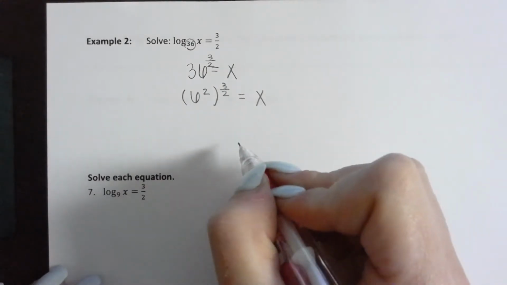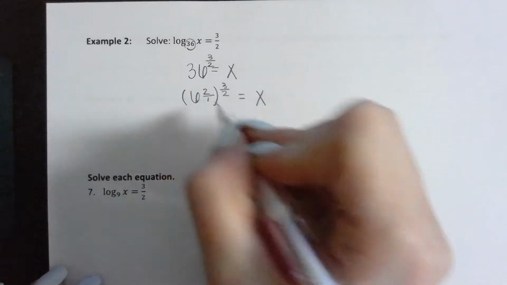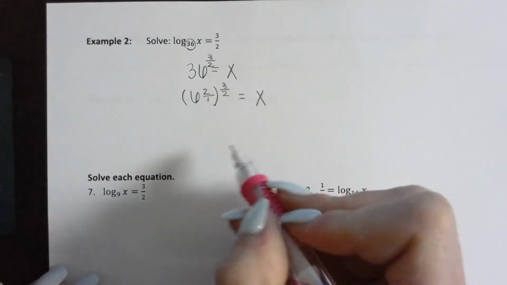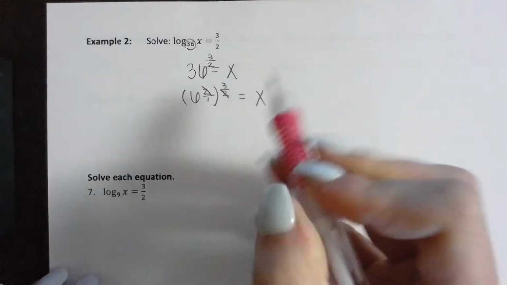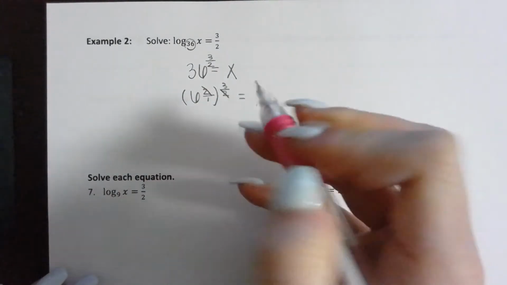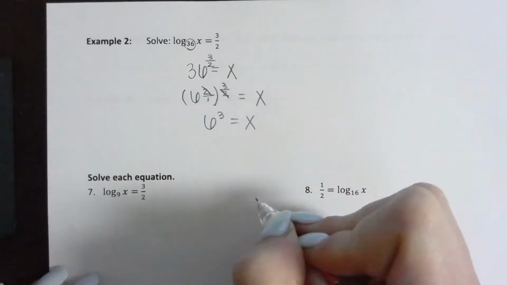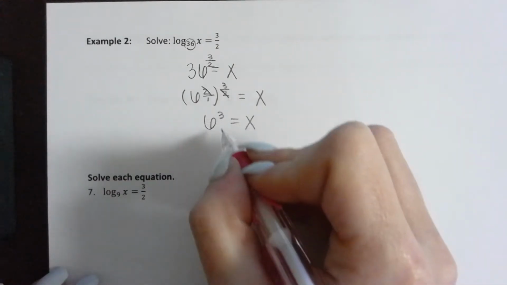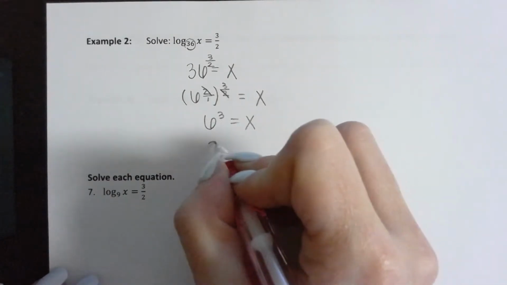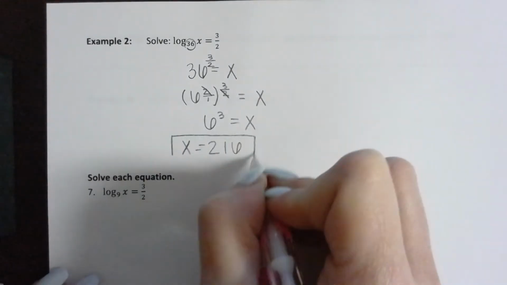When I'm multiplying fractions, I like to have two fractions, so I like to change this 2 into 2 over 1, which helps me see that 2 divided by 2 can cancel out. I'm now left with 3 over 1 as the exponent, which is simply just 3. From here, I can figure out using my calculator that 6 to the 3rd power is 216, and I have solved for x.